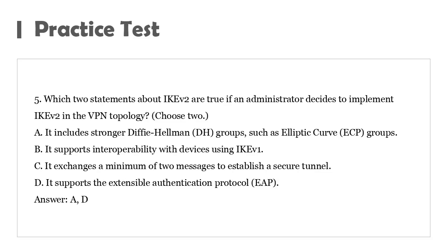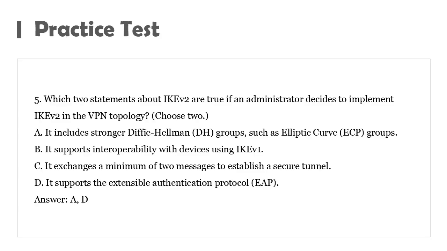5. Which two statements about IKEv2 are true if an administrator decides to implement IKEv2 in the VPN topology? Choose 2. A. It includes stronger Diffie-Hellman (DH) groups, such as elliptic curve (ECP) groups.